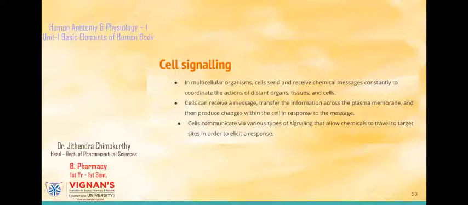This signal molecule stimulates and activates the receptor, which produces a response. In this way, signal molecules produce their action on themselves, on adjacent cells, or on cells which are distantly located.